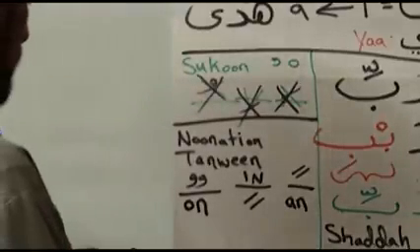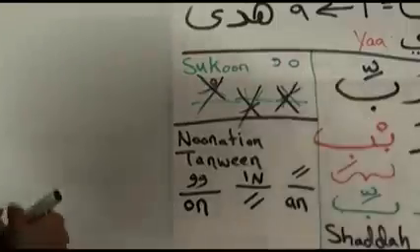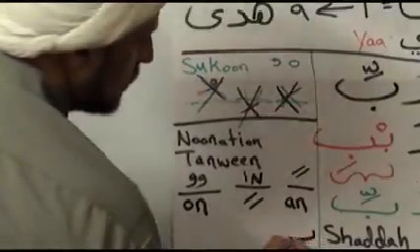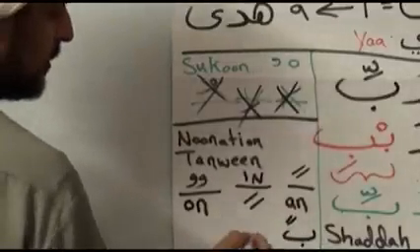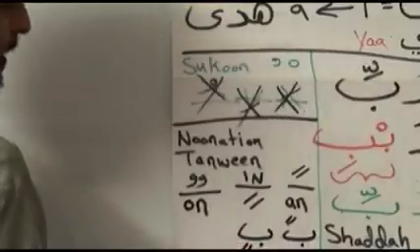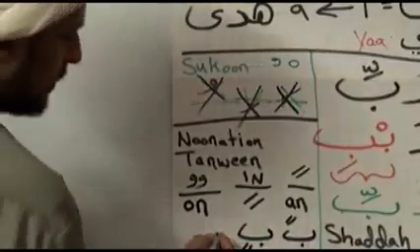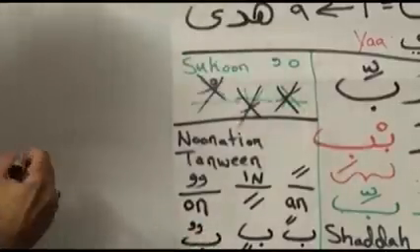Let's take an example. If I have a ba which has this, it will be ban. If I have a ba which has this, it will be bin. If I have ba which has this, it will be bun.